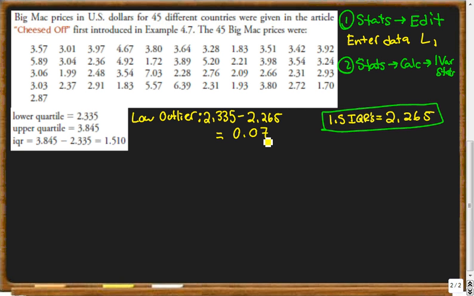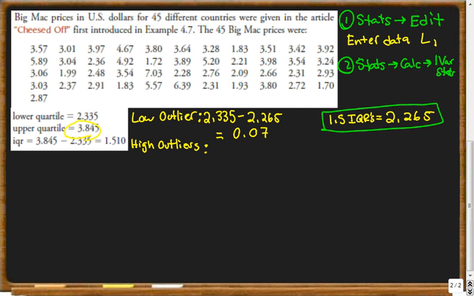So unless we have a Big Mac that is less than 7 cents in a country, which I would doubt that ever happens, but that would be pretty awesome, I guess, then it's not going to be a low outlier.